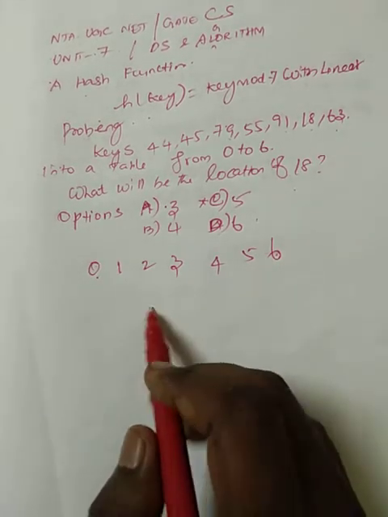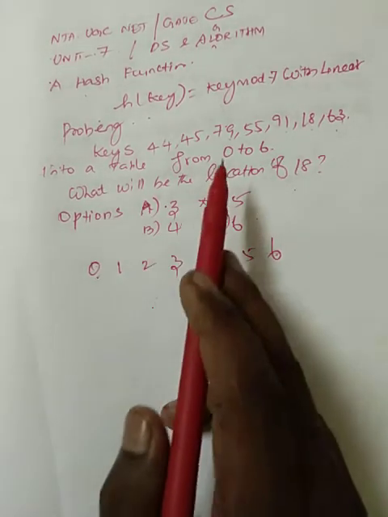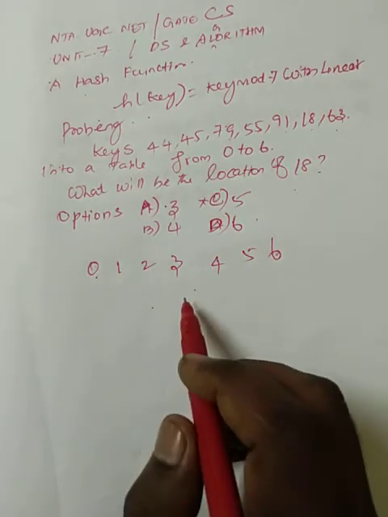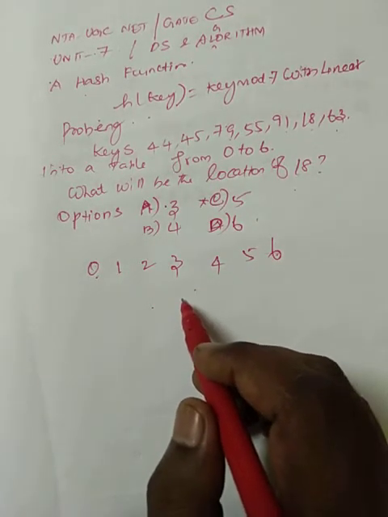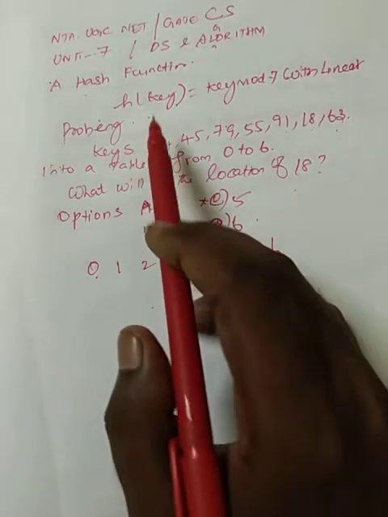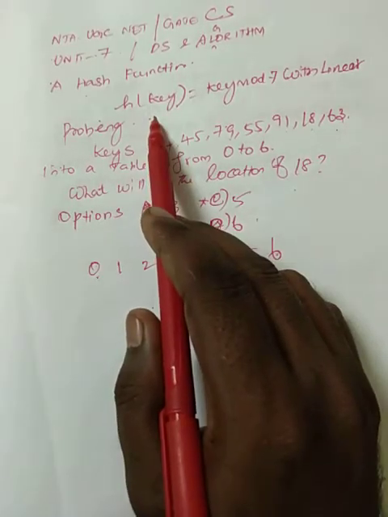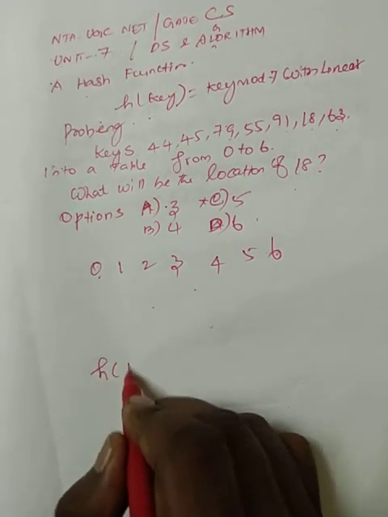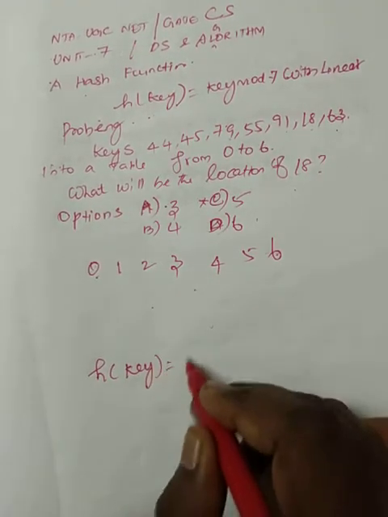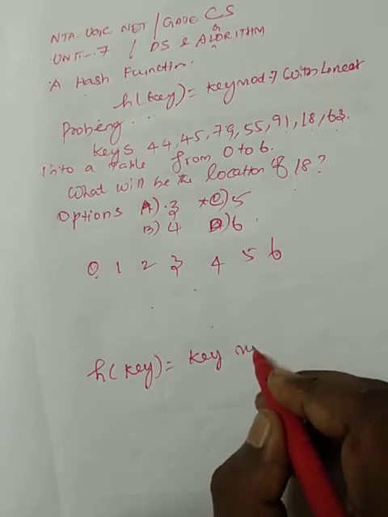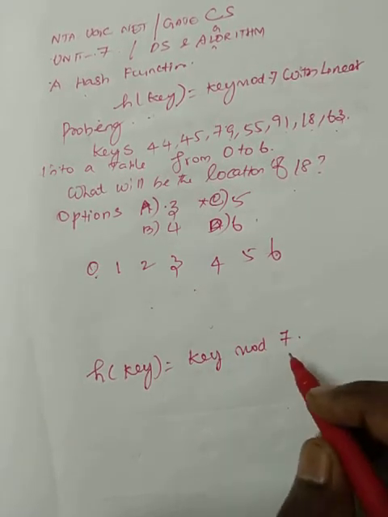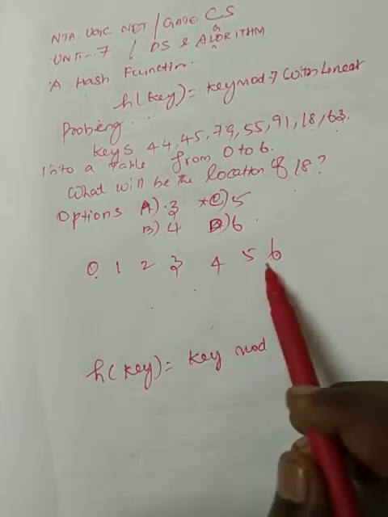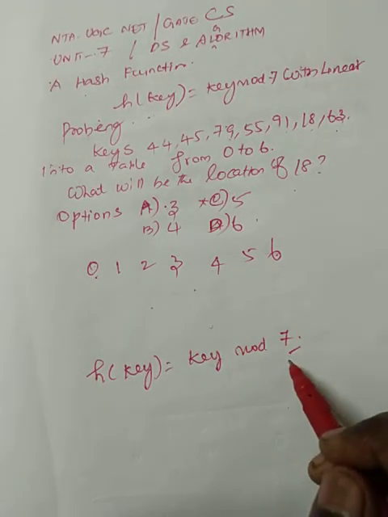Now, in which place do you want to place which key? For that, the concept is called hashing. Here hashing is h of key equals key mod 7. Why 7? Because totally 7 keys are to be placed, so we are taking 7.